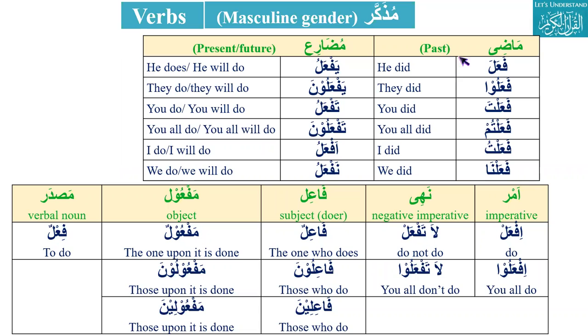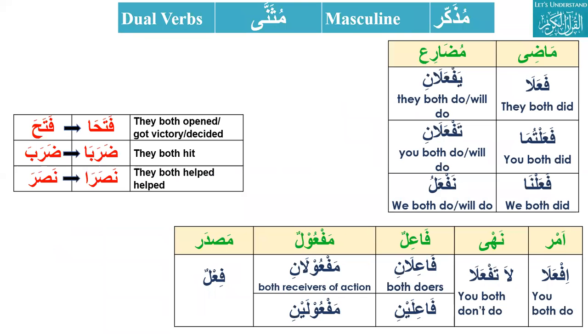Also, due to linguistic reasons, some verbs or objects or entities are taken as feminine. And in some cases there are duals. We discussed the dual, so that's why it is very important.